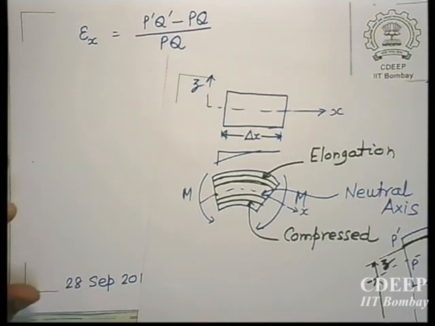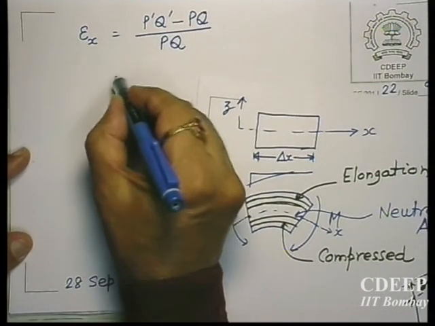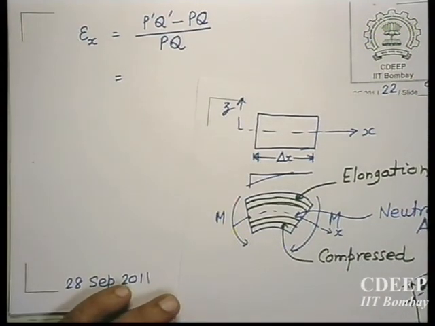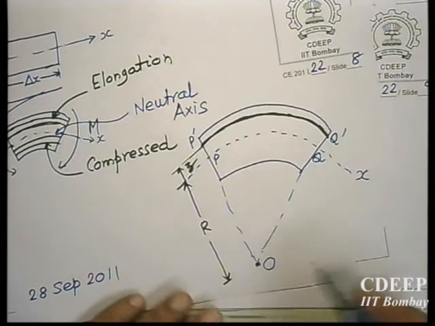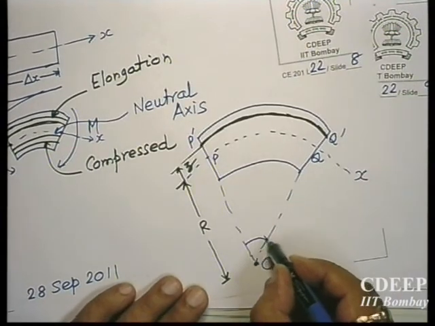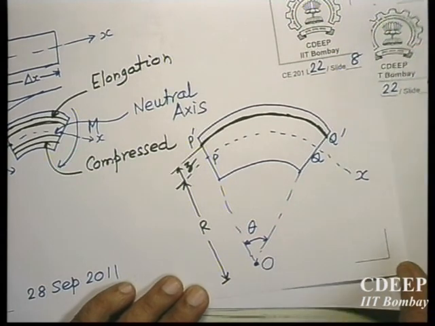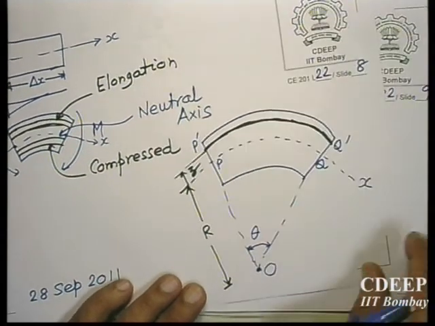So what is P dash Q dash? P dash Q dash is equal to R plus Z into the angle. Call this angle d theta.